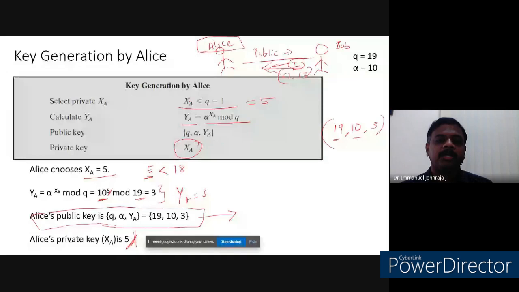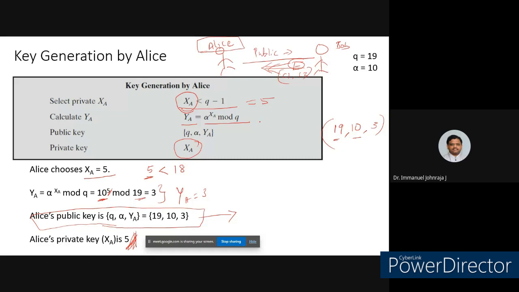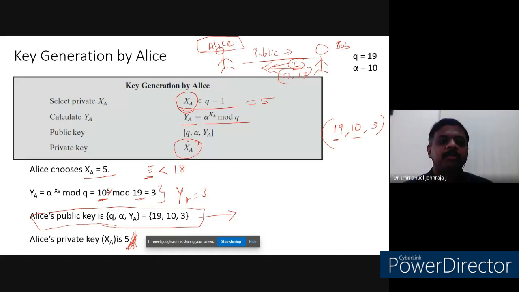Alice chooses the private key called XA, which is maintained as private till the end. She calculates the public key component YA as alpha to the power XA mod q. So the combination of our prime number, the primitive root of that prime number, and the calculated value of YA is the public key of Alice.